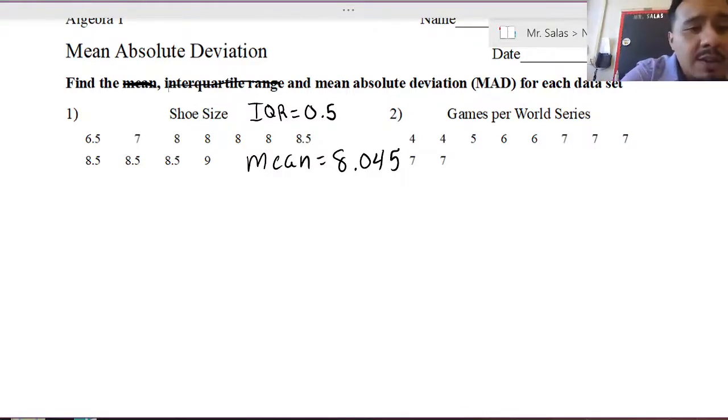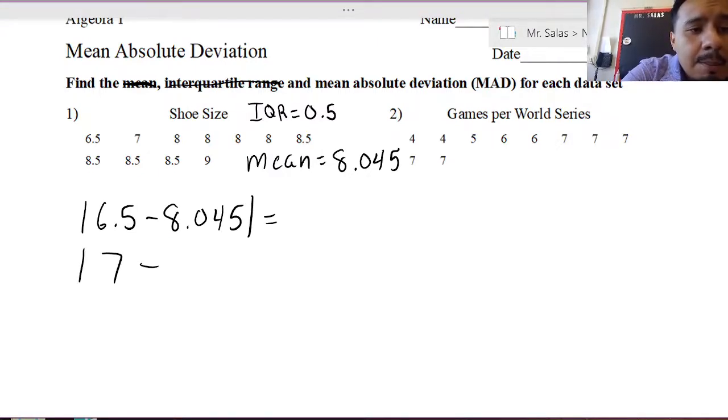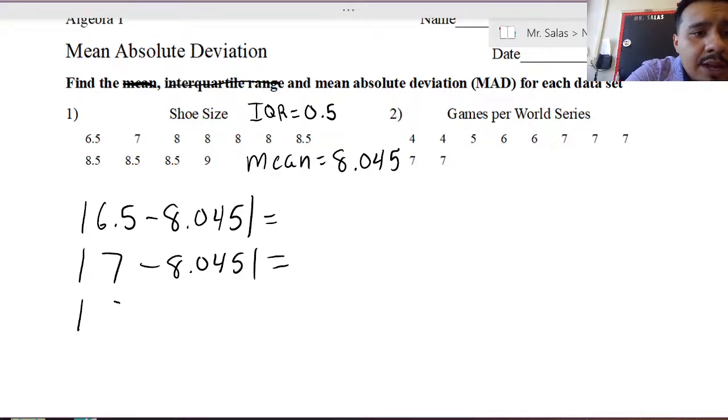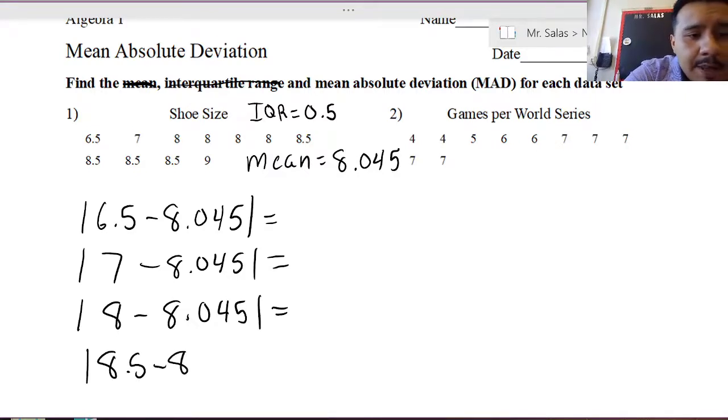I'm going to take the absolute value of 6.5 minus 8.045. I'm going to do the absolute value of 7 minus 8.045, the absolute value of 8 minus 8.045, the absolute value of 8.5 minus 8.045.